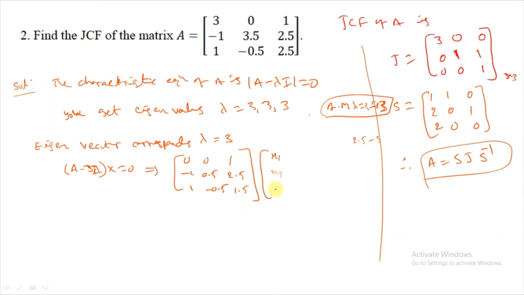x1, x2, this is minus 1 point. Sorry, here 3.5, 0.5 is 0.